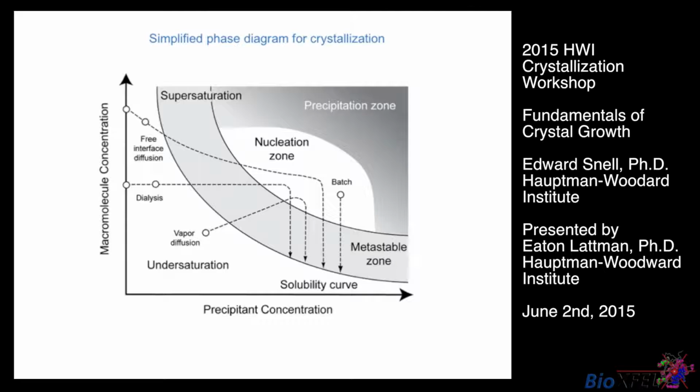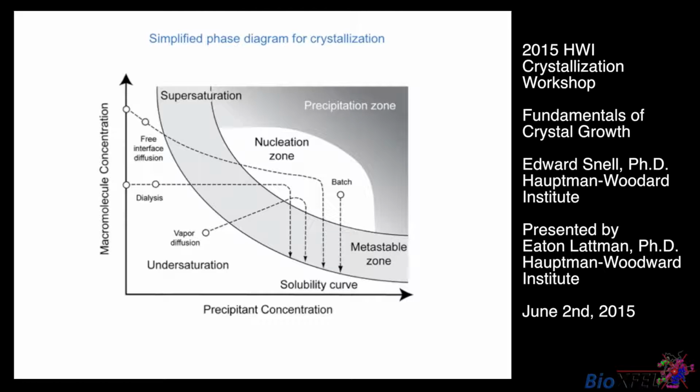This is a diagram that will appear in many forms throughout the rest of the talk. This is the concentration of the macromolecule. This is the concentration of the stuff you add to make it come out of solution, the precipitating agent. Up here in the far left, we have a high molecular concentration, high precipitant concentration, and everything crashes out.